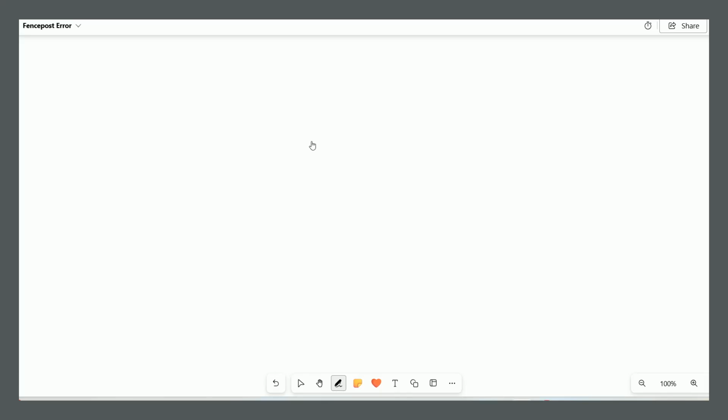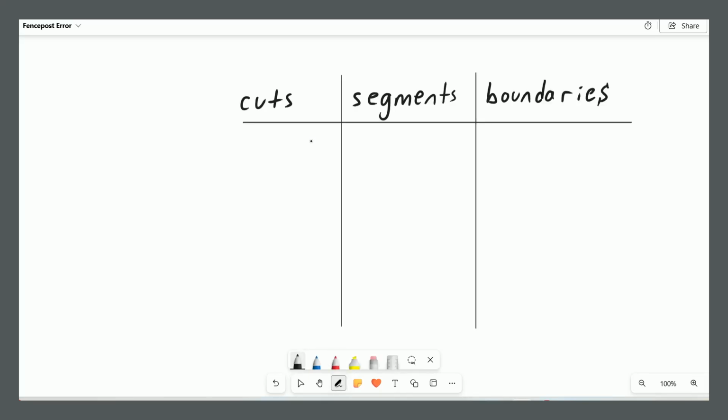Let's make a chart where we will look at the number of cuts, the number of segments, and the number of boundaries that a certain number line has. Okay, and we're going to draw it.